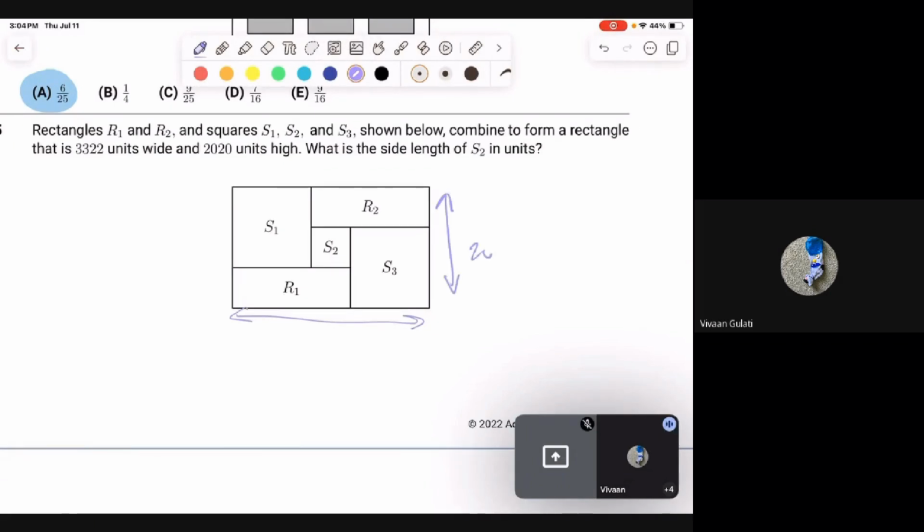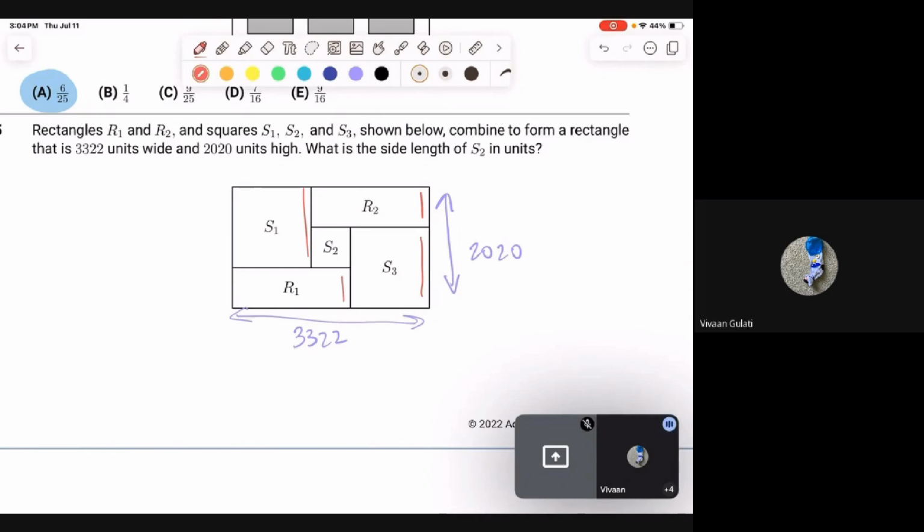the length of the side of R2 plus the length of the side of S3 is 2020, and the length of the side of S1, length of the side R1 equals 2020. So then on the top, the length of R2 is 2020.